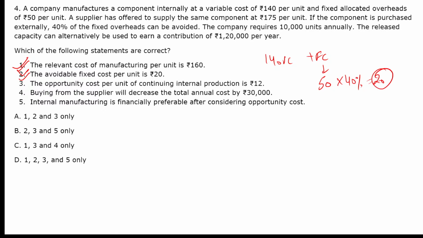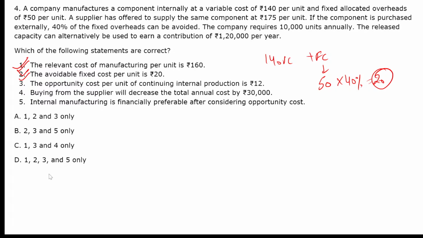The opportunity cost per unit of continuing internal production is 12 rupees. Let's calculate it. For internal production, opportunity contribution for alternative use is 1,20,000 divided by 10,000, that is 12 rupees per unit.